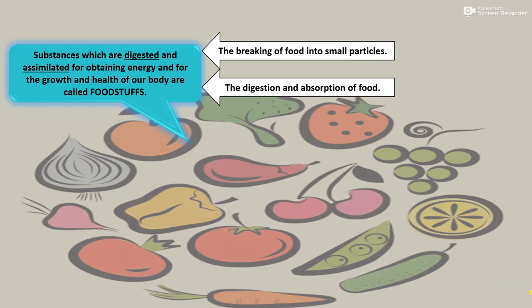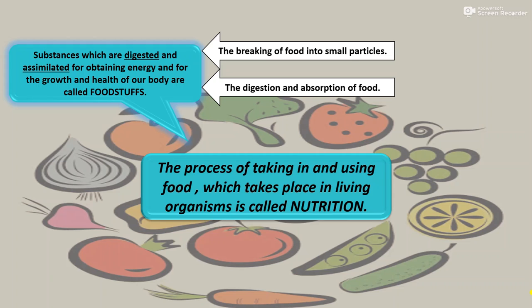From the word foodstuffs, we can come up with a new term. The term is nutrition. Nutrition is a process which is closely related to the food that we eat. So what is nutrition? The process of taking in and using food which takes place in all living organisms is called nutrition.